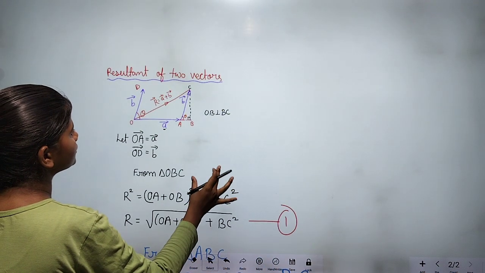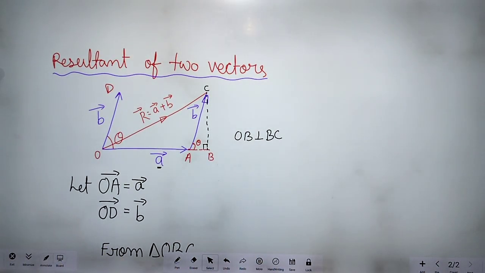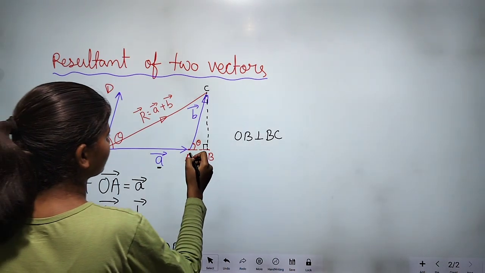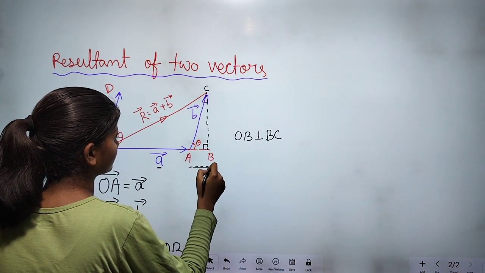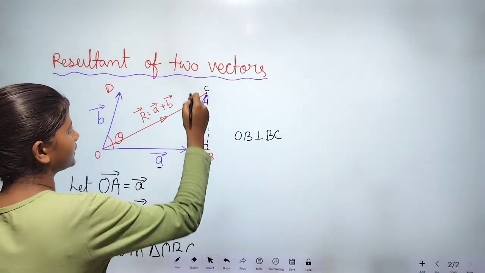And now we can also write cos theta, as we know cos theta is equal to base by hypotenuse. So this one is our base, AB by hypotenuse, this one is our hypotenuse, AB by AC.